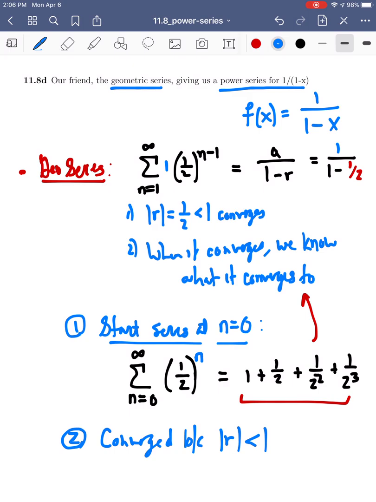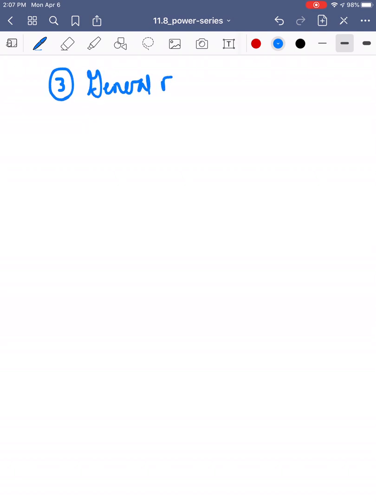Let's broaden this just a little bit. So for a general r, again, not saying that r is a specific number now, we have this geometric series looking like the series from n equals 0 to infinity of r raised to the power of n.